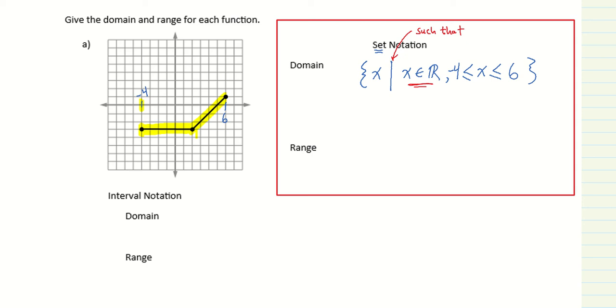And notice the way I've written this statement. Negative 4 is the smallest x value. 6 is the largest x value.